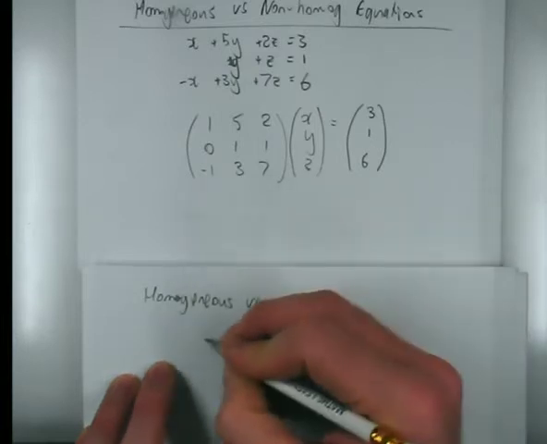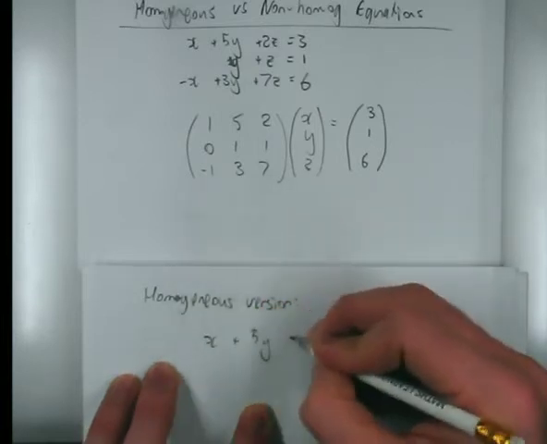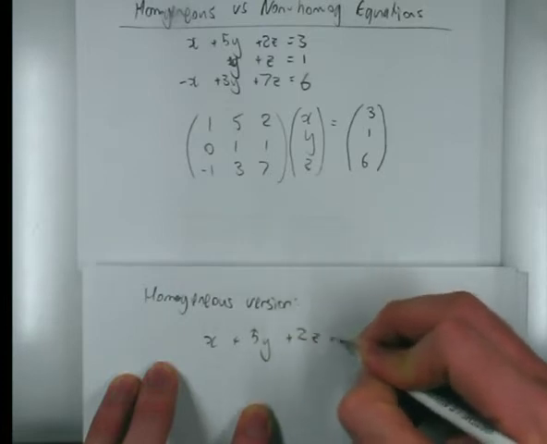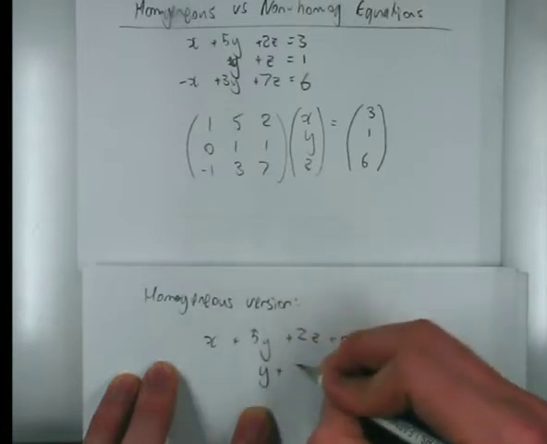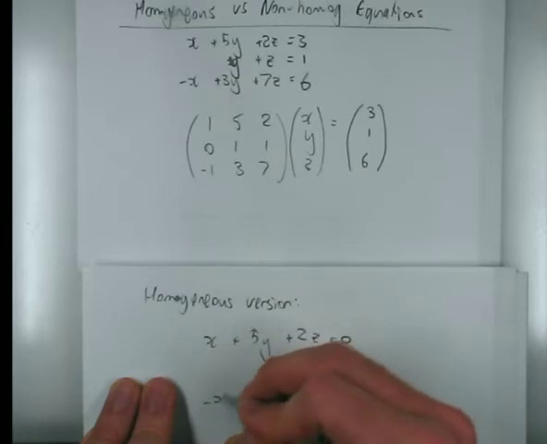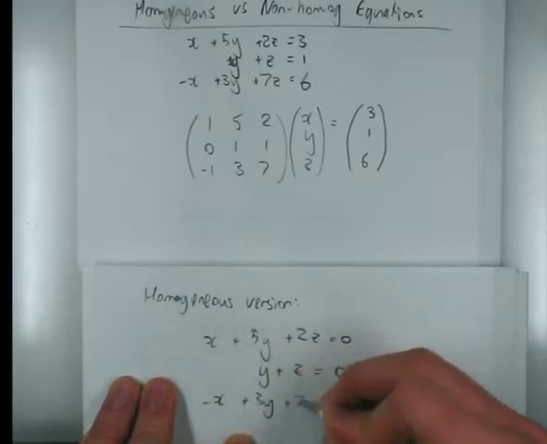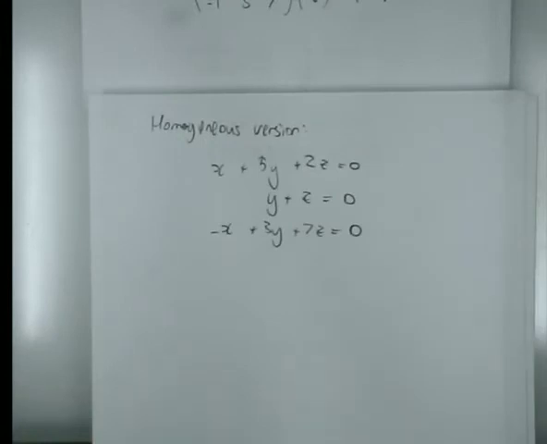So my homogeneous version is technically this. My homogeneous version has all zeros. And I'm going to solve that instead. Because firstly, it's easier. And secondly, the theory makes it work.